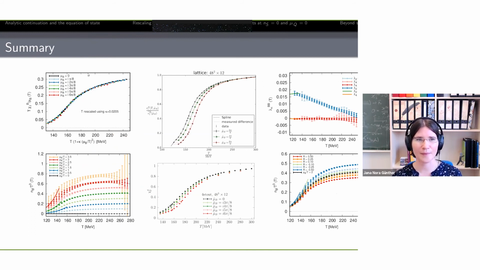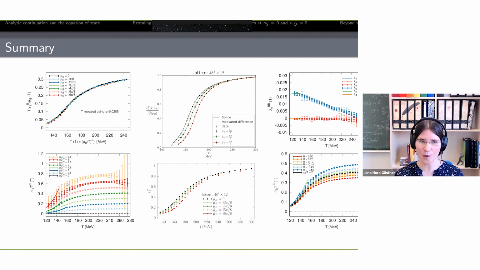The basic idea for our analysis was that we can rescale different observables in a way that they nearly collapse. I showed you how we then use this observation to fit the differences in the temperature, calculate our expansion coefficients, and then use that to calculate various thermodynamic quantities.